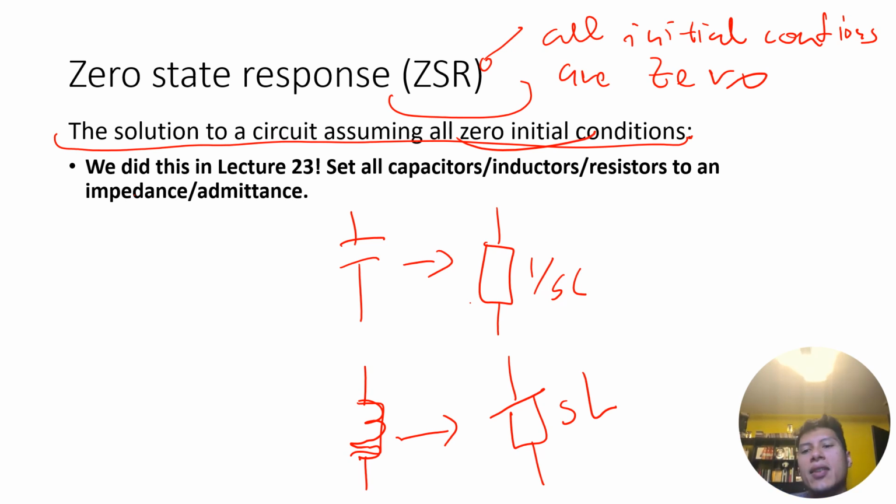So basically, you have two cases. Zero input response means that all sources are zero, so there are no inputs. And zero state response means that all initial conditions are zero.